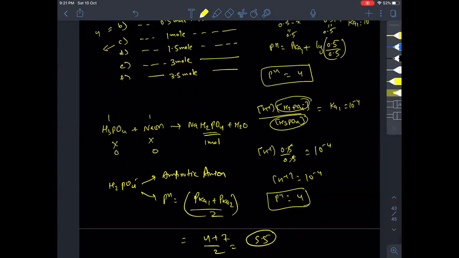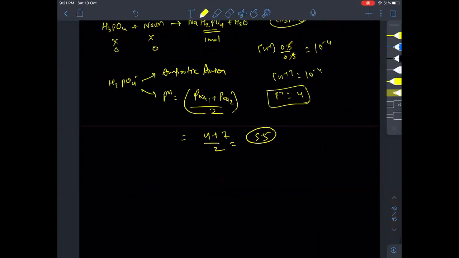Now again, what will happen if we add 1.5 mole? If you add 1.5 mole, please go step by step. H3PO4, NaOH 1.5. It is 1. First convert into NaH2PO4. How much? 0. It is 0.5. It is 1. Now this H2PO4 minus can still react with NaOH. It is now left 0.5.